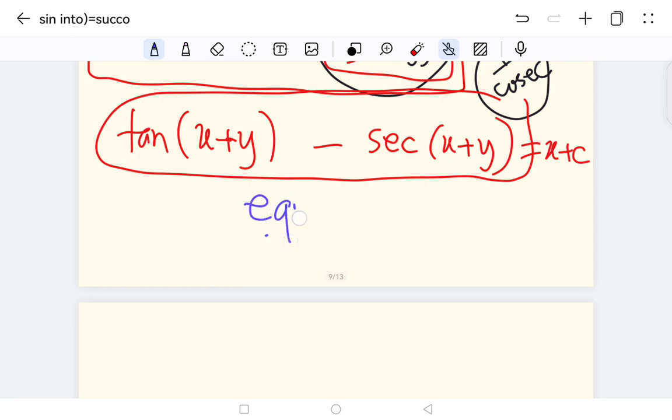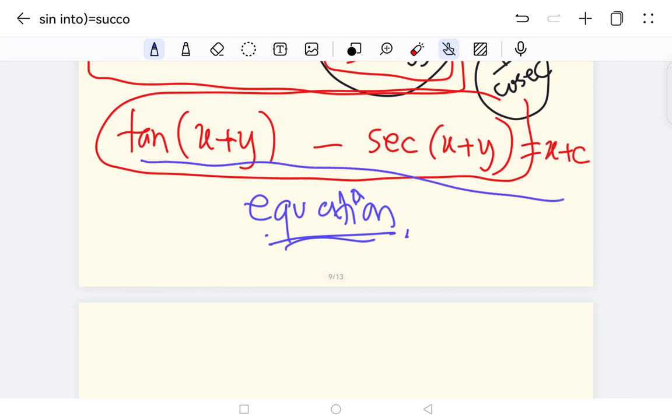This is the solution from the differential equation, the original function. So if you have the coordinate x, y, just insert it and then you get c, and if you find another coordinate, just insert it. Okay, all right, thank you.